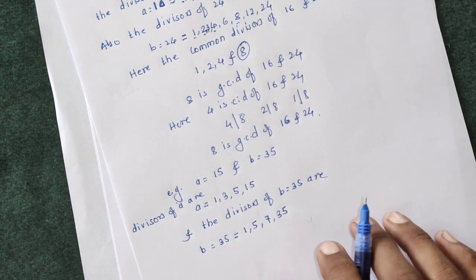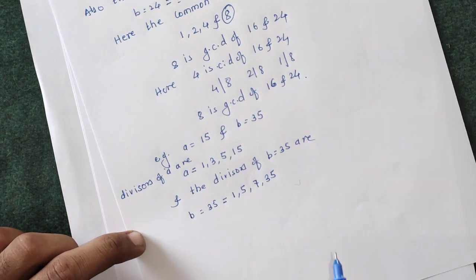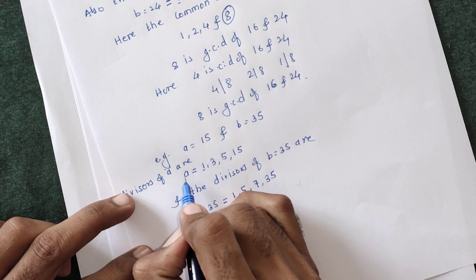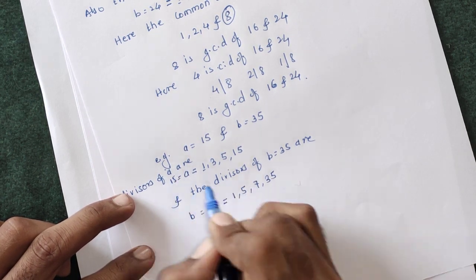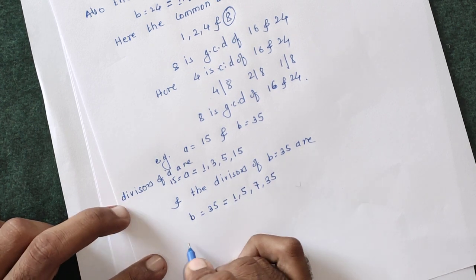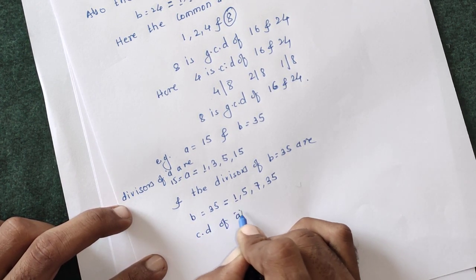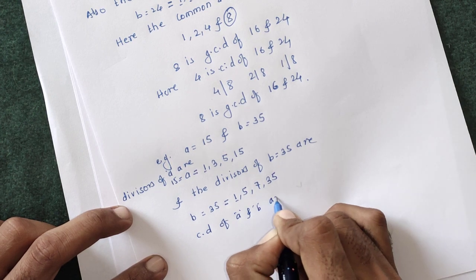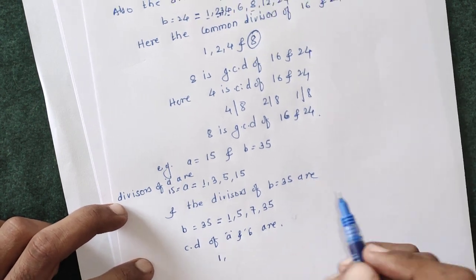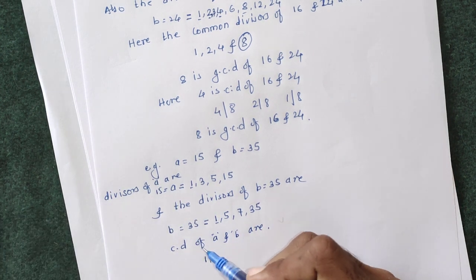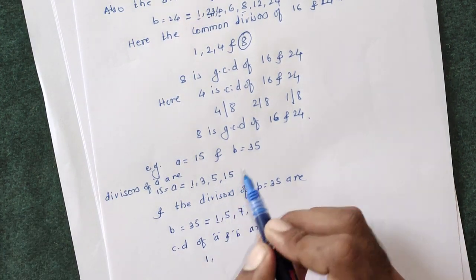Now firstly we find the common divisors. Here 1 divides 15 and 1 divides 35. The common divisors of A and B are 1, then 3 divides 15 but 3 doesn't divide 35, so 3 is not a common divisor.